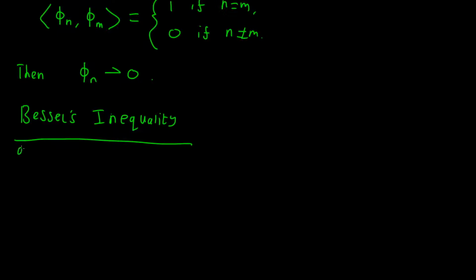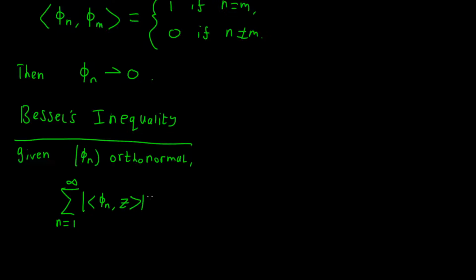So given an orthonormal sequence, the following inequality holds: the sum from n equals 1 to infinity of the inner product of phi_n with some z, squared, is less than or equal to the norm squared of z. And this is for z in your Hilbert space.